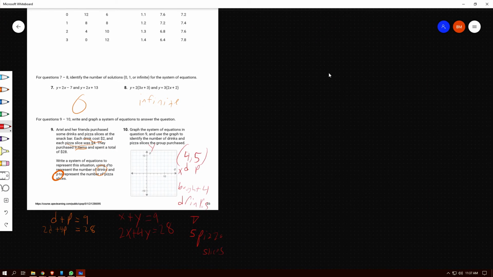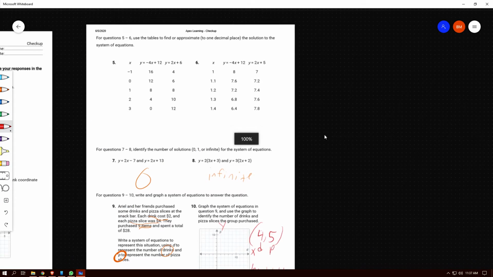All right, now I did say we were going to come back to number 6 and 7, I think, or 5 and 6, sorry. All right, so this one we're not going to need to use Desmos for. Use the tables to find or approximate to 1 decimal place the solution to the systems of equations. So we are given the 2 equations. We have this one, and then we'll have this one. So we'll kind of separate these.